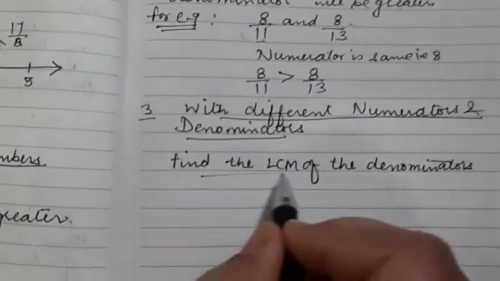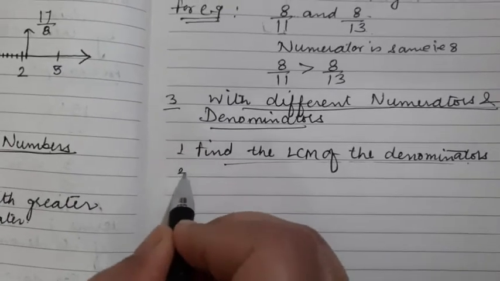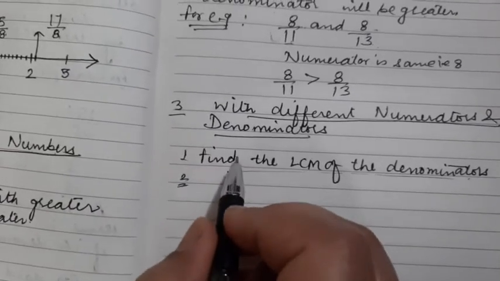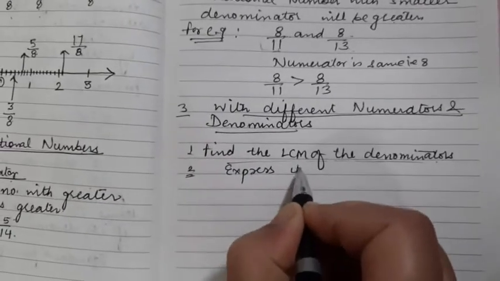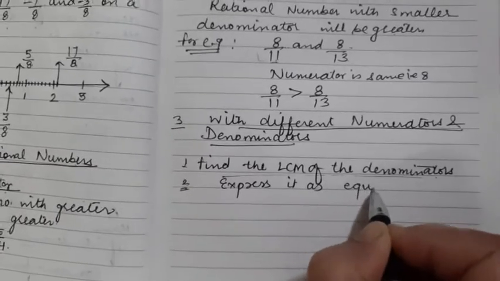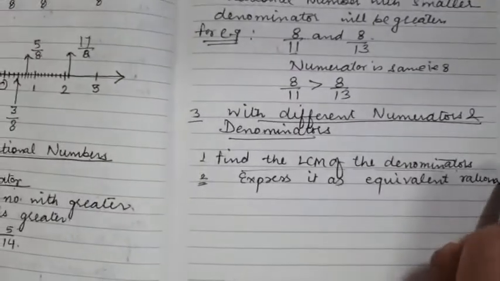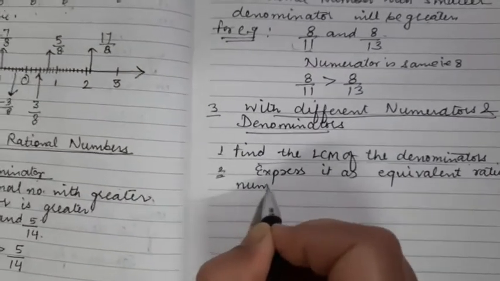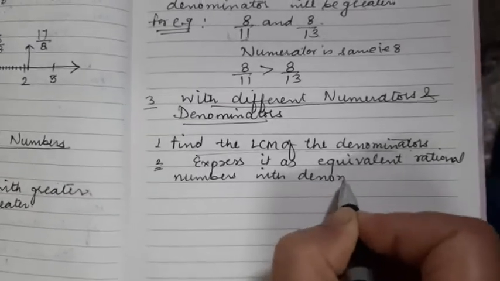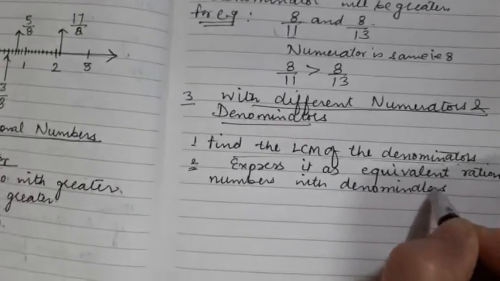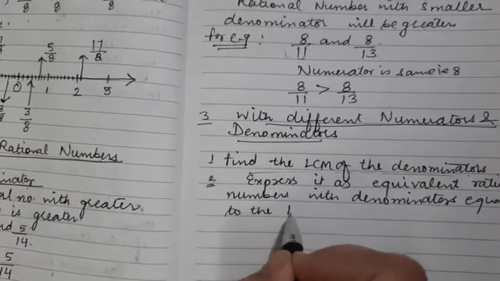So first we find the LCM of denominators, then we express it as equivalent rational numbers with denominators equal to the LCM.